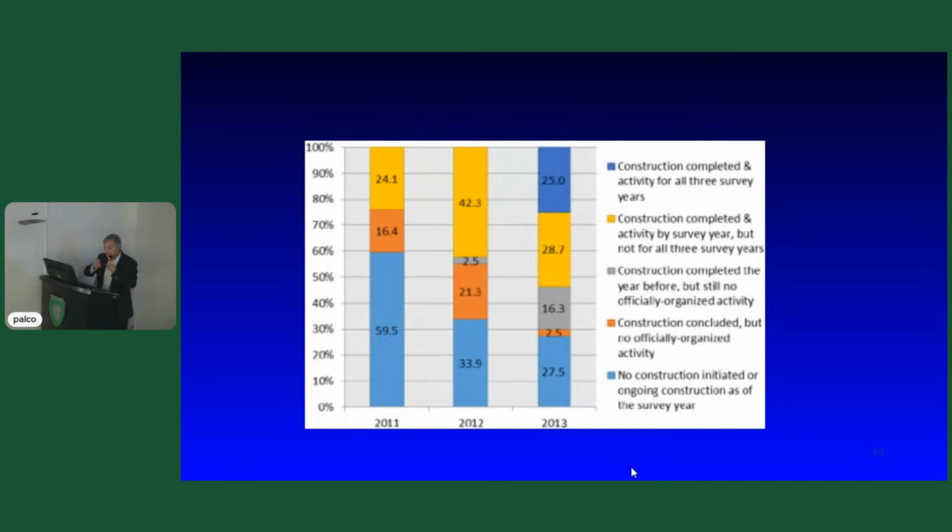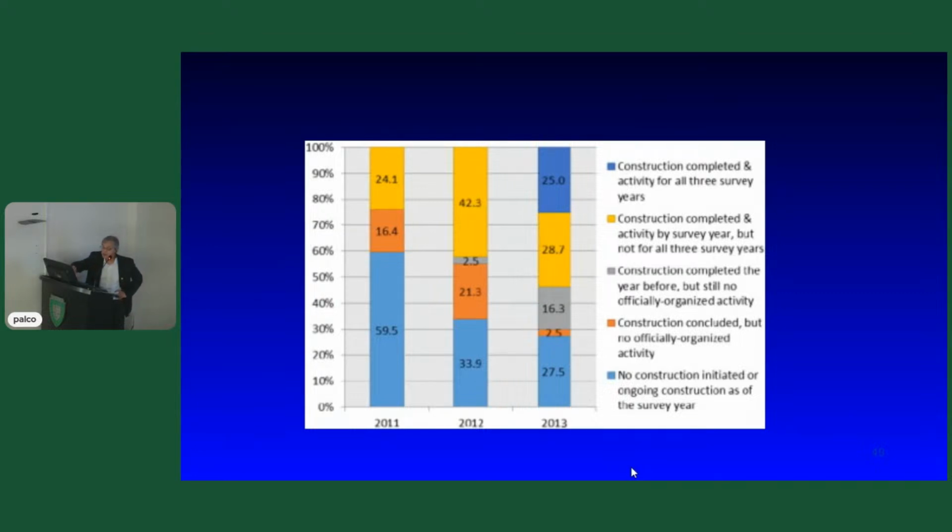You see here, in 2011, the absolute majority of them had not even constructed or initiated construction of the physical space where the academia could be implemented. Okay, you see that? That's the blue, 59.5%. Over time, you can see that more academias were being built with the money. 16.4% had construction, but no officially organized activity going on.